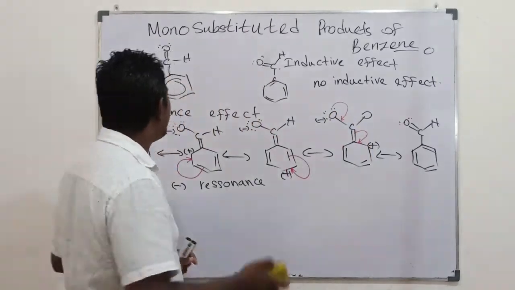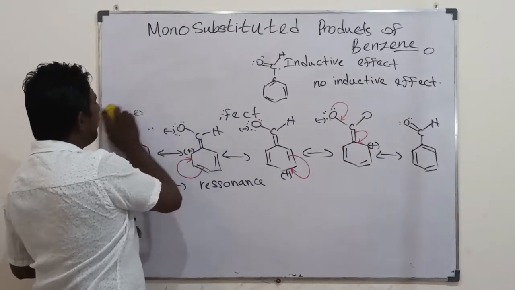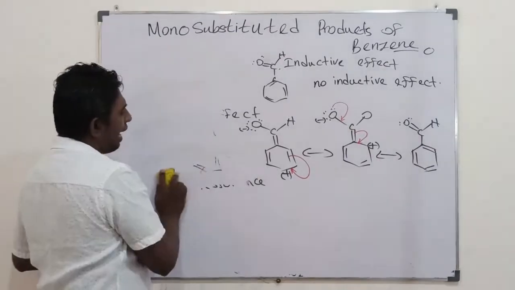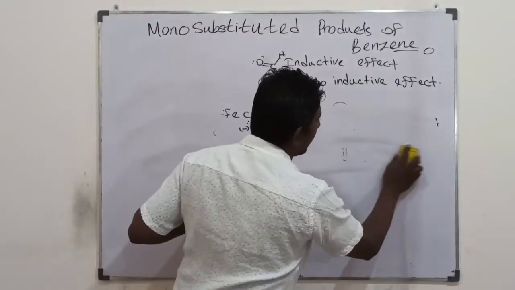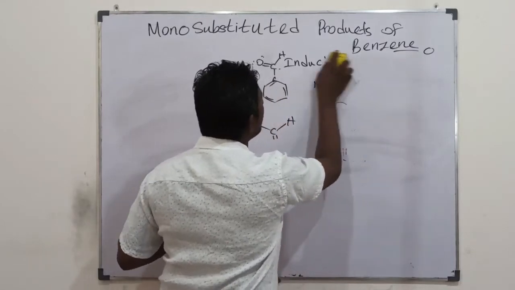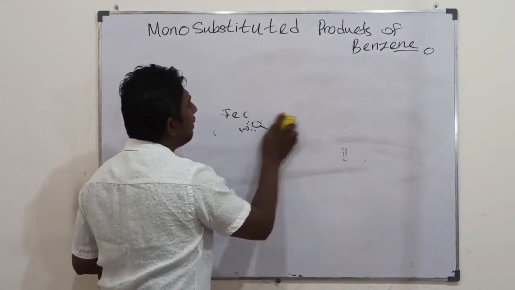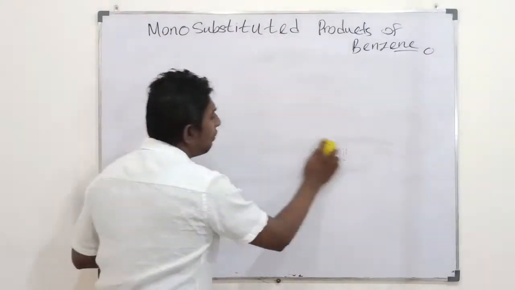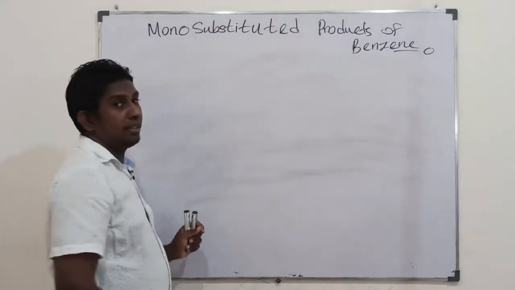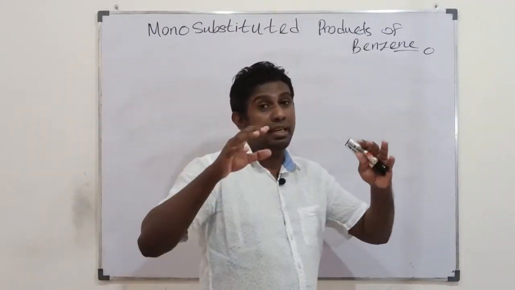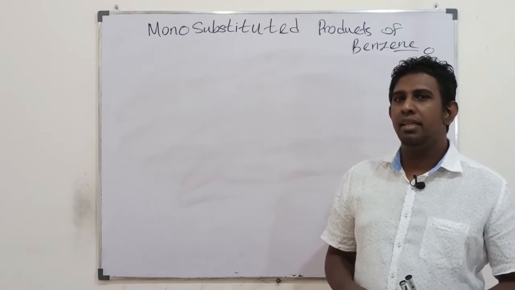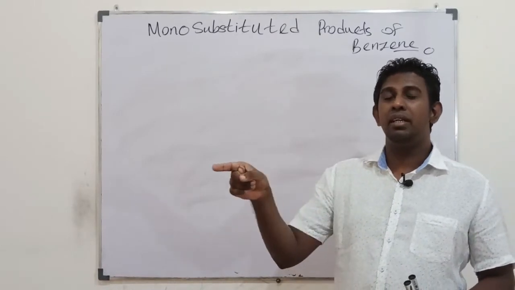Students, we are going to end this story, which means talking about these activator and deactivator groups. There are various capacities to increase and decrease the electron density. We are going to end that with toluene.